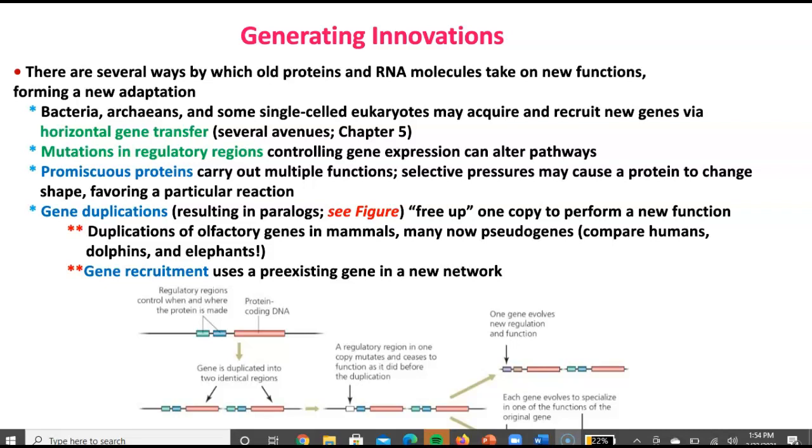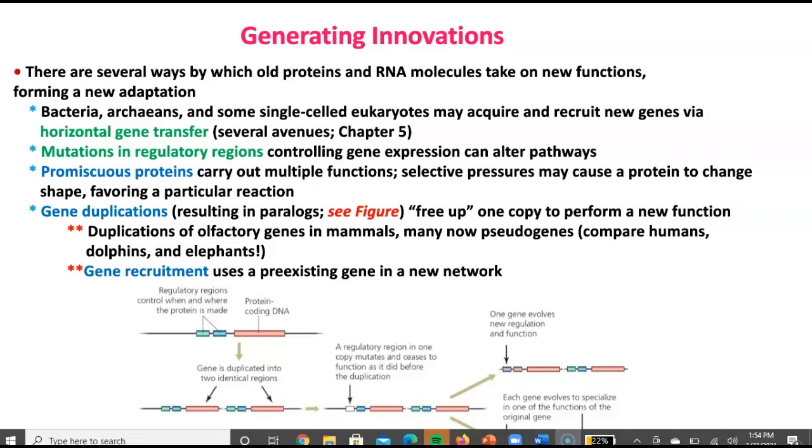And then under that gene duplication category, gene recruitment uses a pre-existing gene in a whole new network for a whole new function. So once you get a duplicated gene, again, one of those copies is free to use in a brand new network for producing a new adaptation.